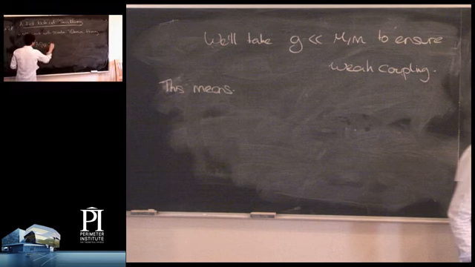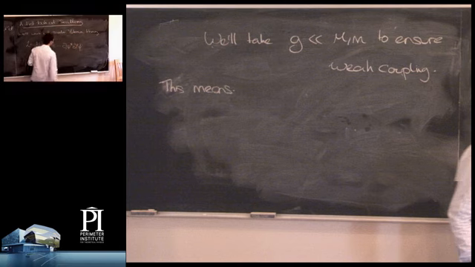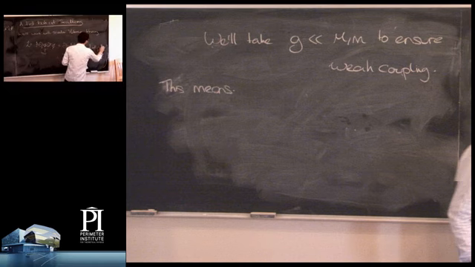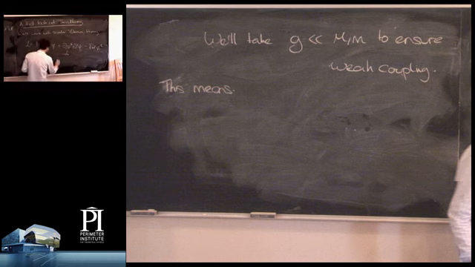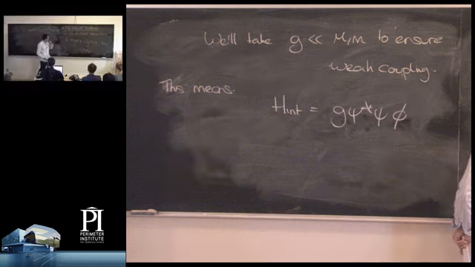So it's going to consist of two fields. One of them is real. And the other is complex. We'll give a mass little m to the particles that we get by quantizing the real field. We'll give a mass capital M to the particles that we get from quantizing the complex field. So far it's just two free fields.